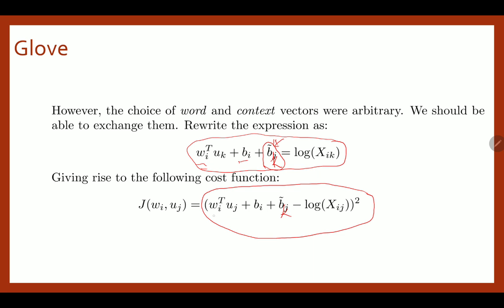Since we are saying w_i u_j, this j is fine, but in this equation this should be k. So the cost function with respect to that we can define in this fashion. We want this to be as close to the log x_ij.